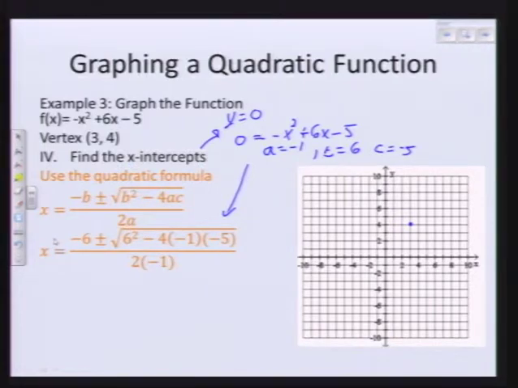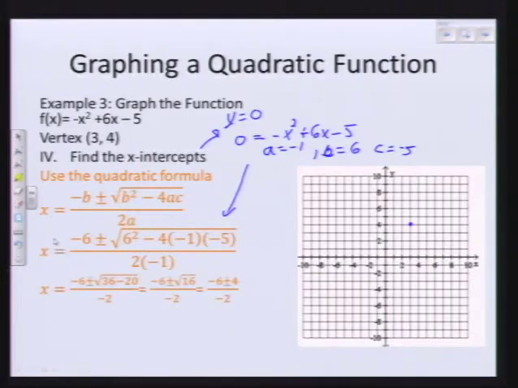All right, so we plug into our quadratic formula, and we get x equals minus 6 plus or minus the square root of 6 squared minus 4 times -1 times -5, divided by 2 times -1.